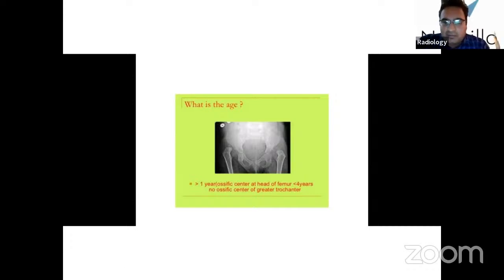More than 1 year, because the ossification center of head of femur is there. Next, what was to come? Greater trochanter at 4 years of age. Are we able to see any greater trochanter? No. So our range of age will be more than 1 year, but less than 4 years. So this is how we usually use this data.